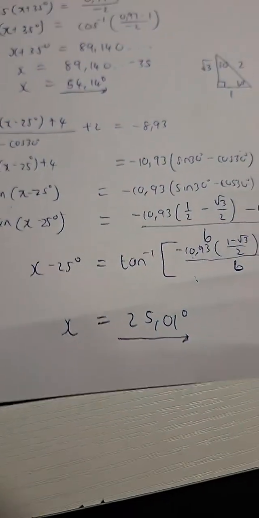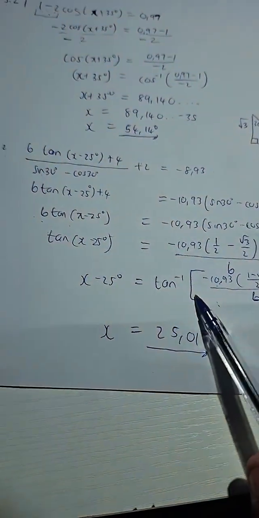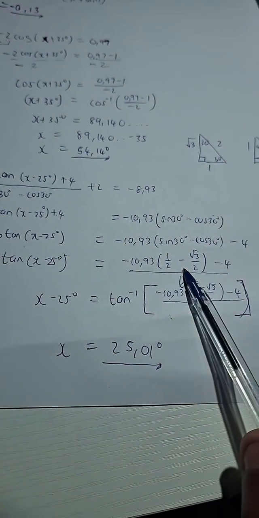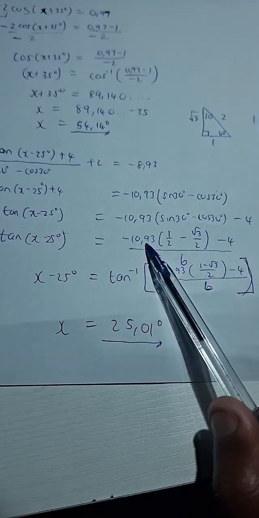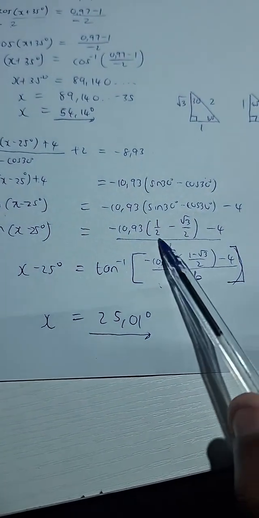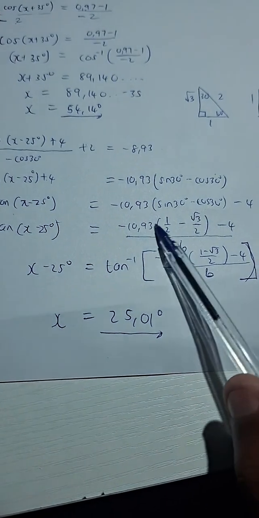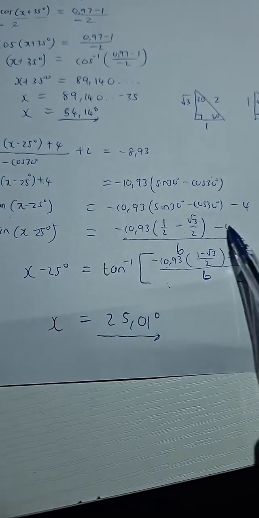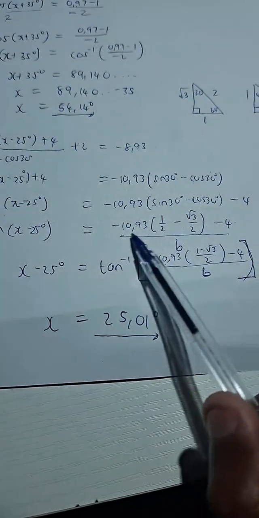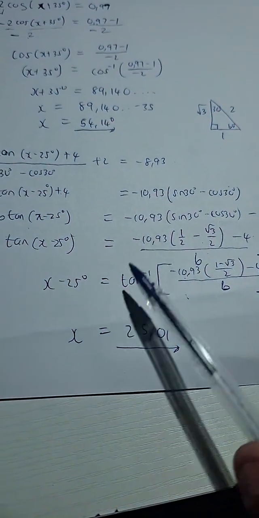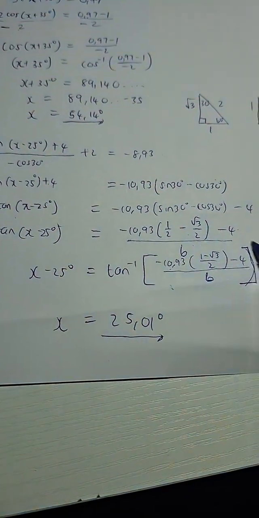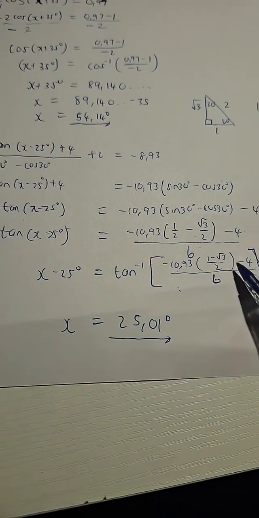Turn our attention. Okay, so we've done equations. We've got the right answer. Can you see your answer? There's my answer, 25,01. Negative 10,93, that's multiplied. Remember, BODMAS says you multiply stuff first, then you subtract 4. Then after that, you can divide by 6. And then, of course, you take the arc of tan for this entire thing first.